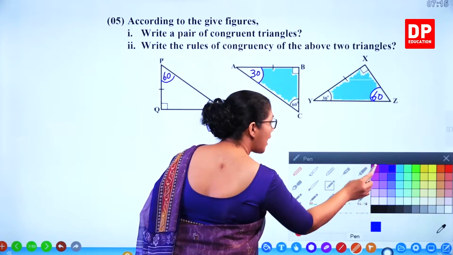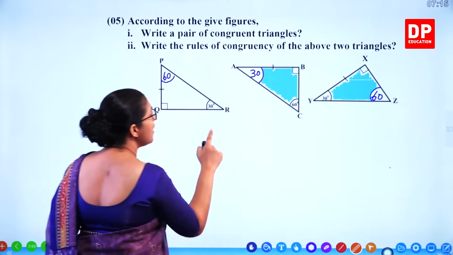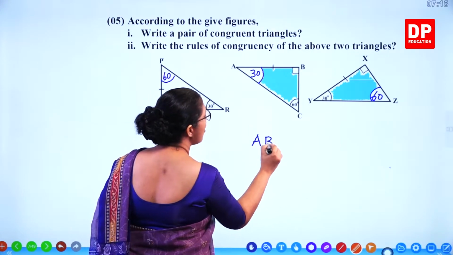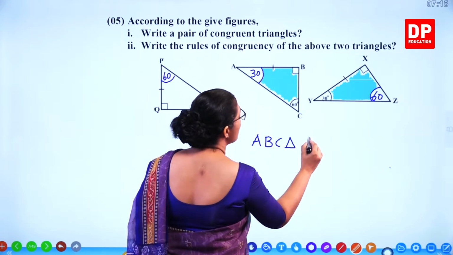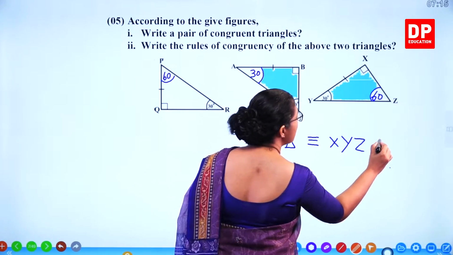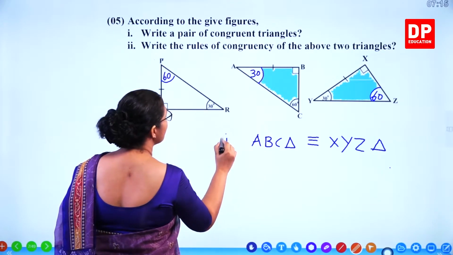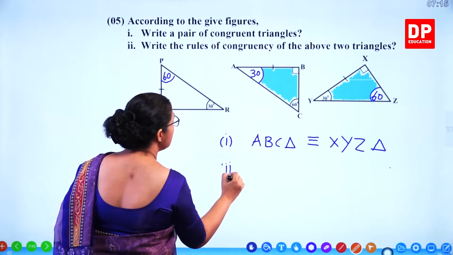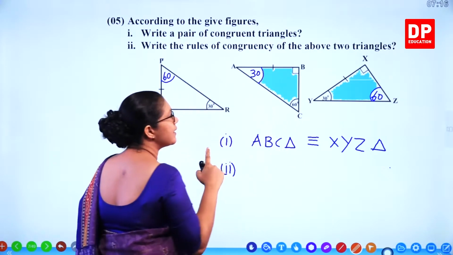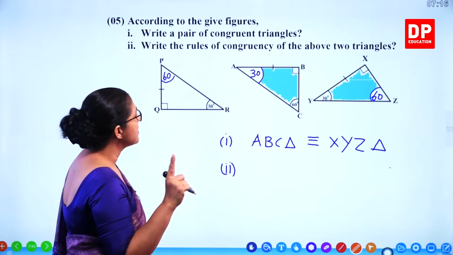So always look at the ratio and see. So here we can say triangle ABC is congruent to XYZ. What's the reason? Reason is angle, side, angle. Angle, angle, side. 2 angles and 1 side.